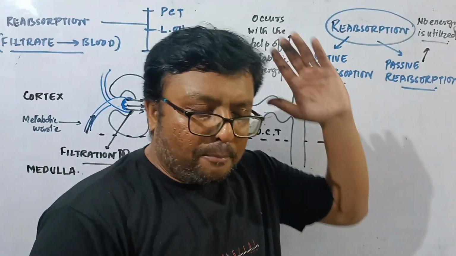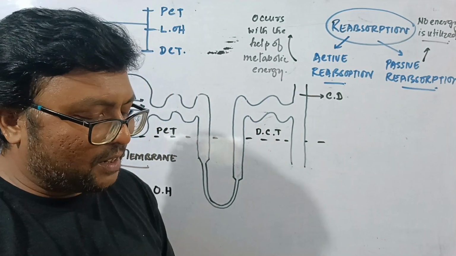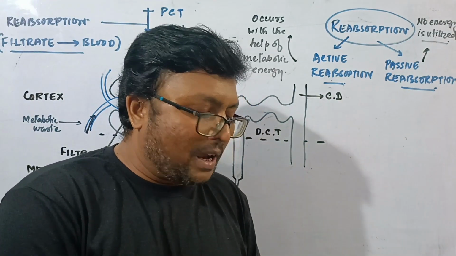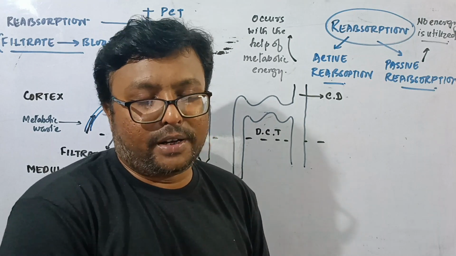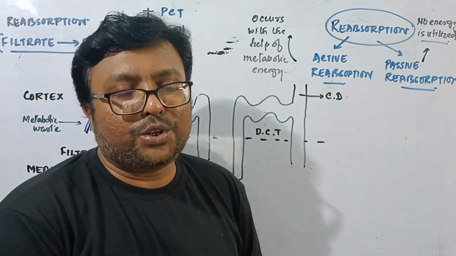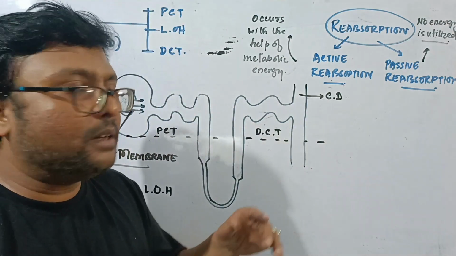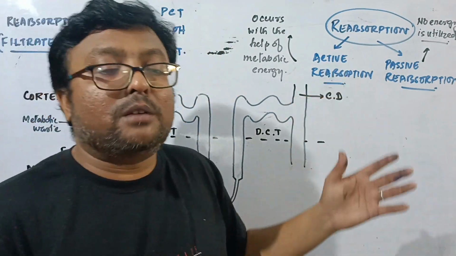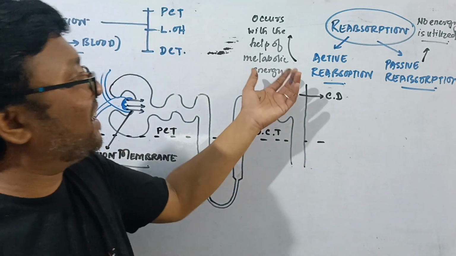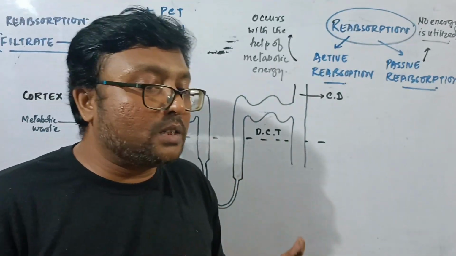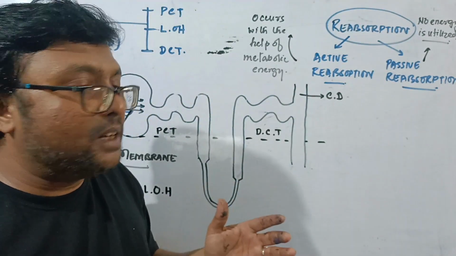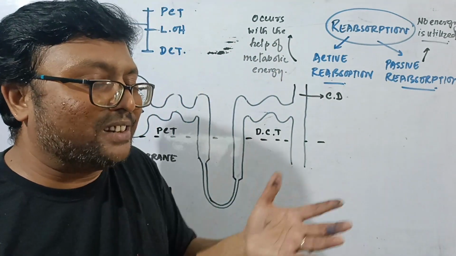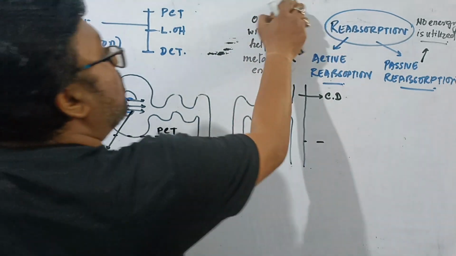And in passive reabsorption, reabsorption generally occurs along the concentration gradient. That is why in passive reabsorption no energy is utilized, and in active reabsorption, since it occurs against the concentration gradient, it utilizes metabolic energy, or simply, energy.